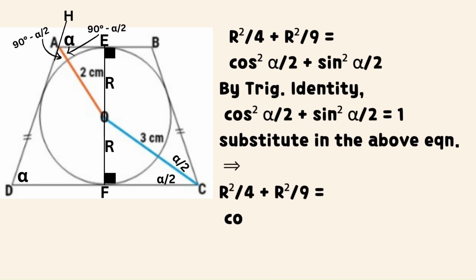By trigonometric identity, this equals 1. Substitute in the above equation. Thus, we obtain that the square of r divided by 4 plus the square of r divided by 9 equals 1.